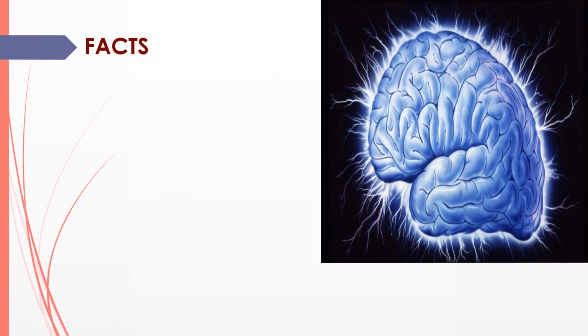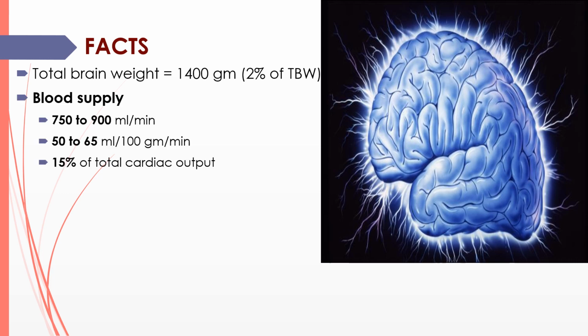So let's get into some of the facts. The total brain weight is 1400 grams, which is only 2% of the total body weight. But if you look at the blood supply, it is around 15% of the total cardiac output.